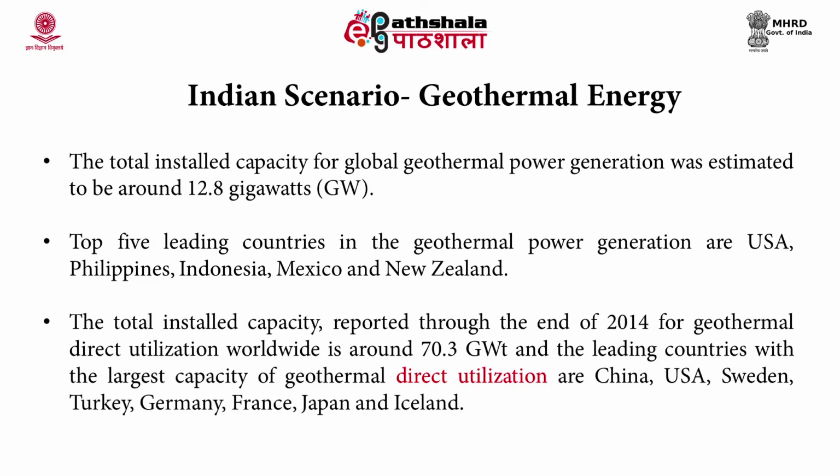The total installed capacity of geothermal for direct utilization over the world is around 70.3 gigawatts. In that case, where low temperature is available, the leading countries with the largest capacity of geothermal direct utilization are China, USA, Sweden, Turkey, Germany, France, Japan and Iceland.